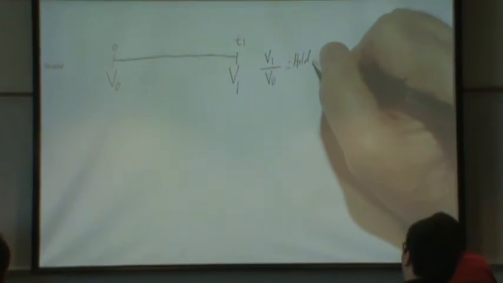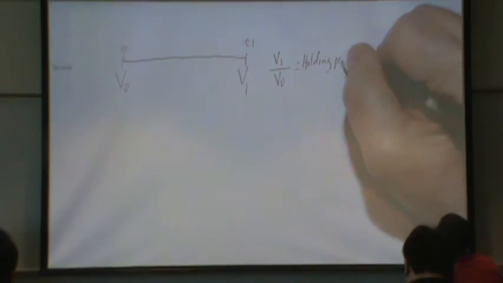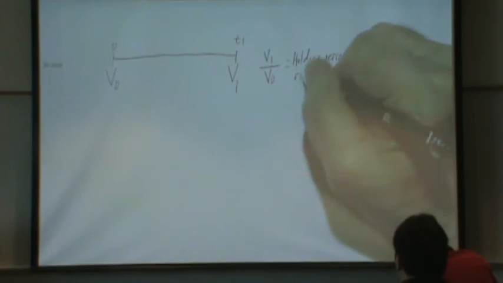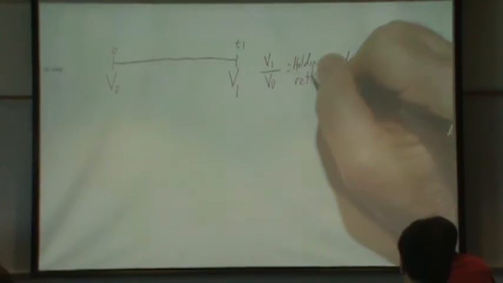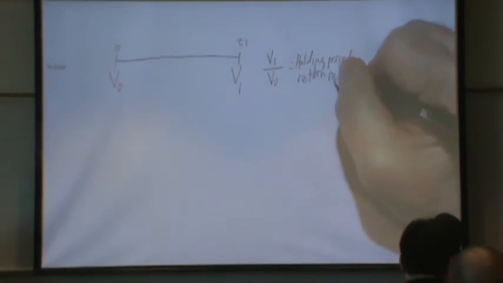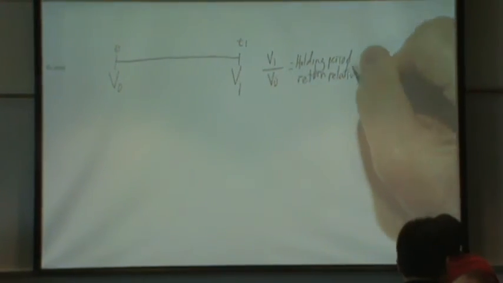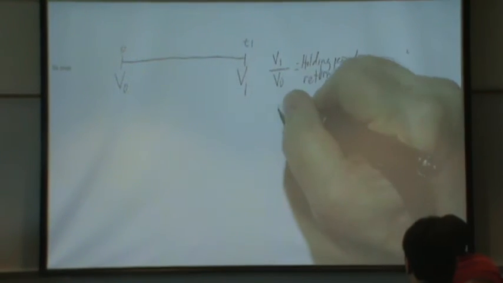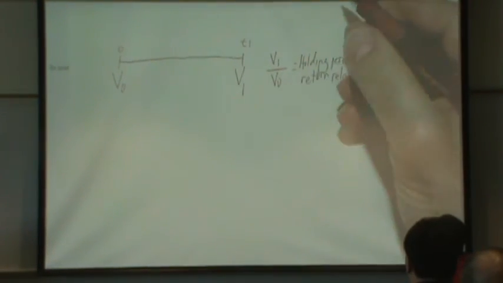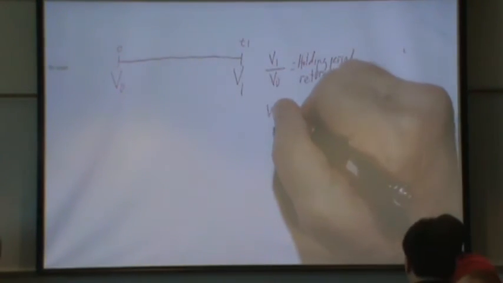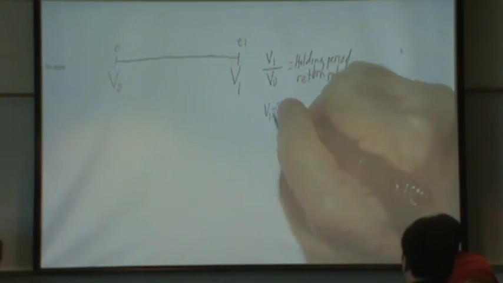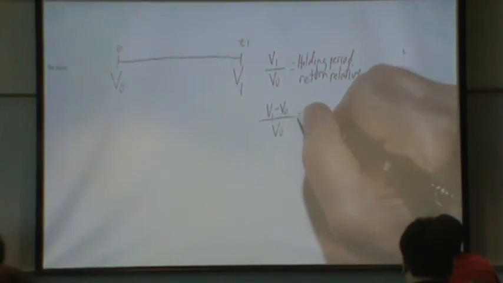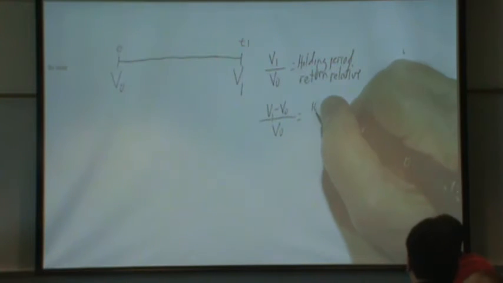Holding period return relative. If we took just the change in value, that is V1 minus V0 over V0, that would be the holding period return.